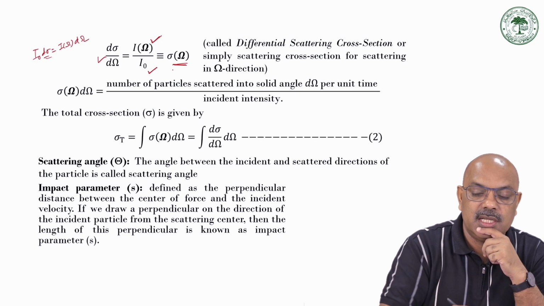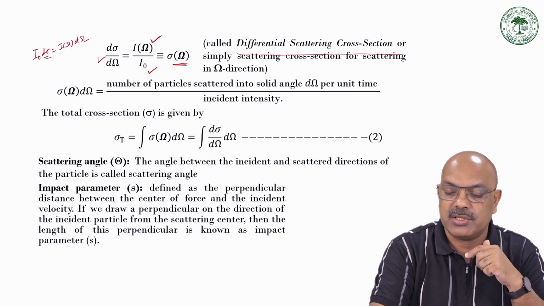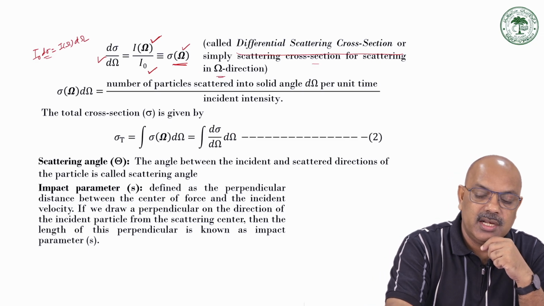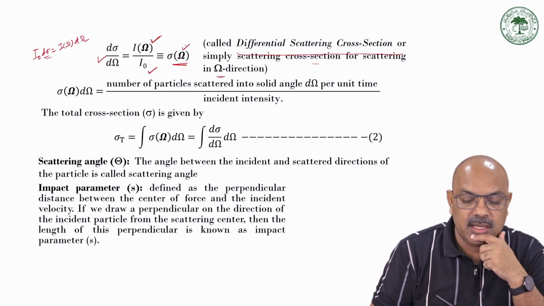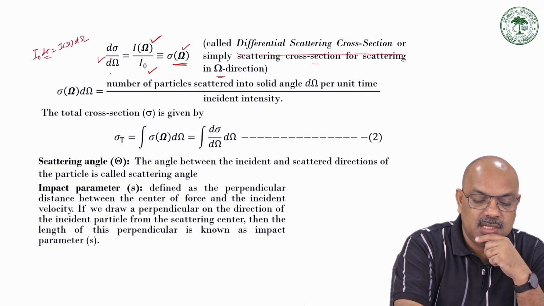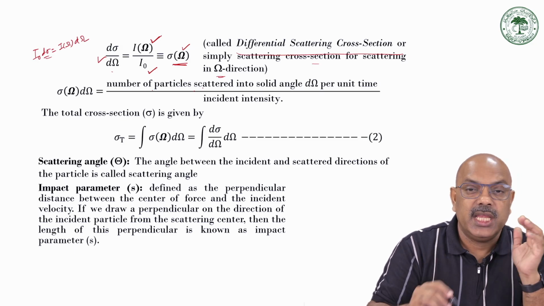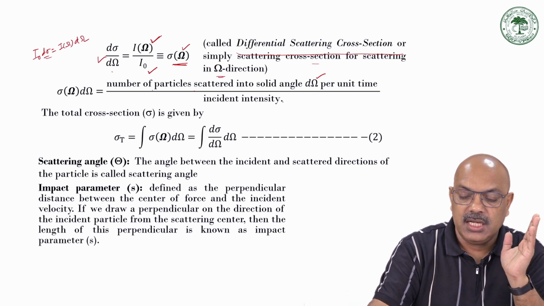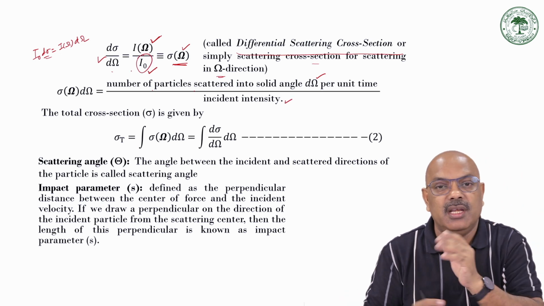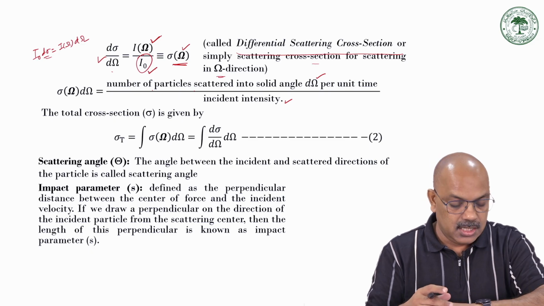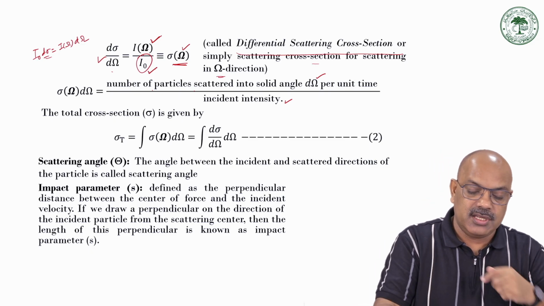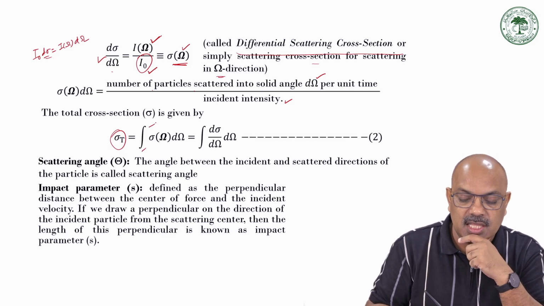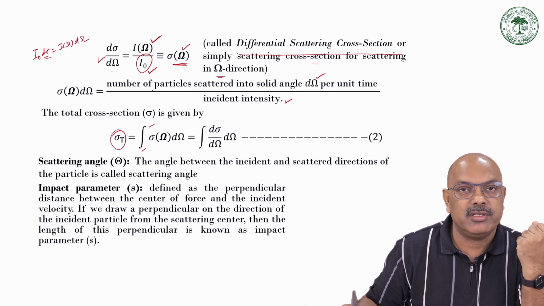This quantity is known as the differential scattering cross section, or simply the scattering cross section for scattering in direction solid angle omega. So d sigma by d omega is the number of particles scattered into the solid angle d omega per unit time, divided by the incident flux. If you integrate it over the solid angle, this gives the total cross section.